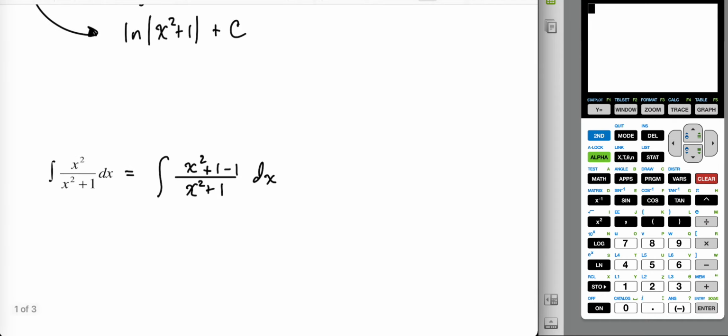All right? That allows me to split the fraction into two parts, because if there's a numerator that contains addition and subtraction, it can be split. I choose to split it this way: x squared plus 1 over x squared plus 1, minus 1 over x squared plus 1, dx.